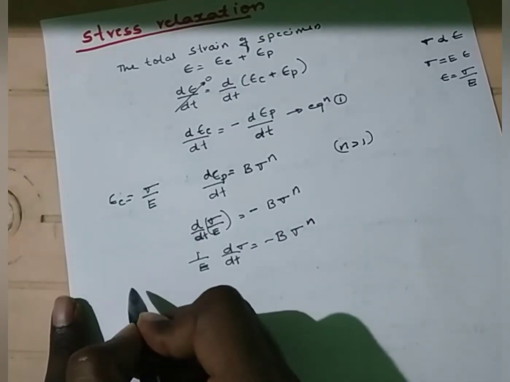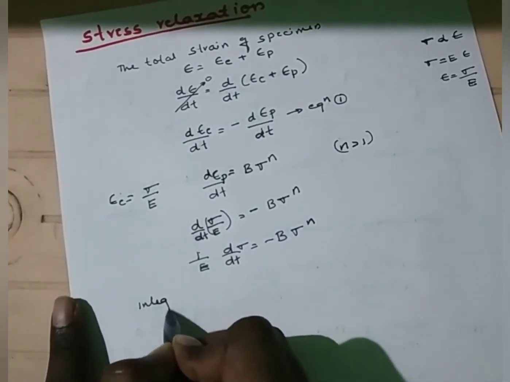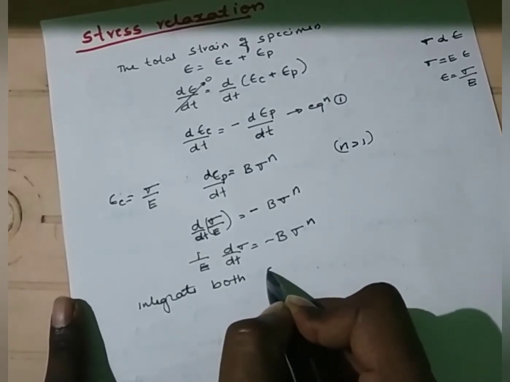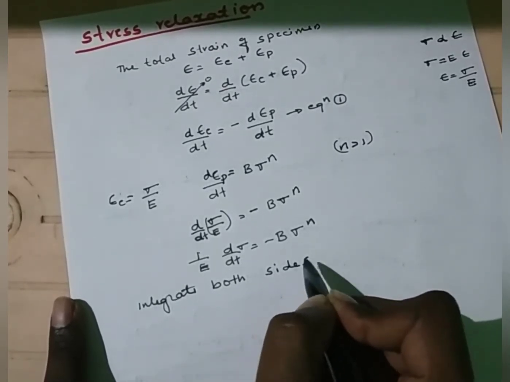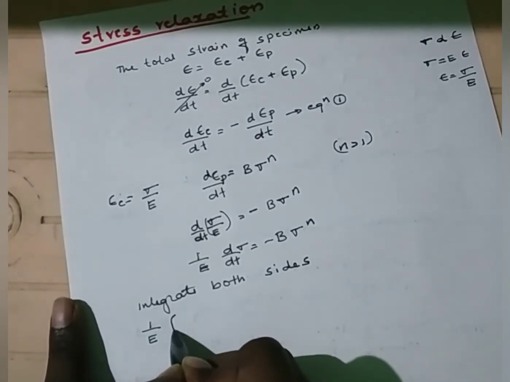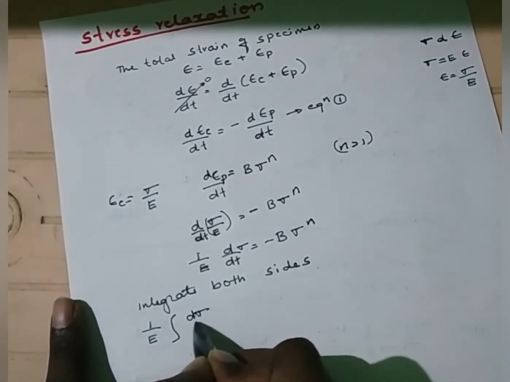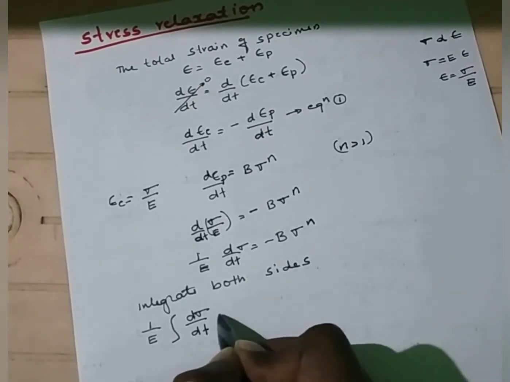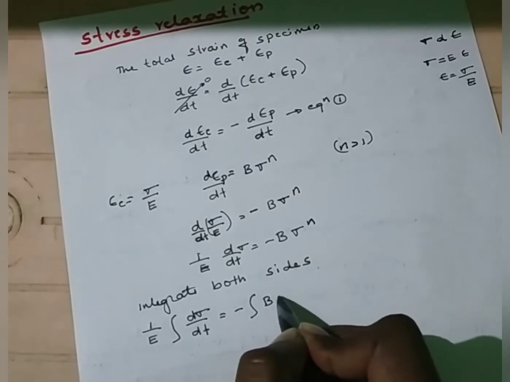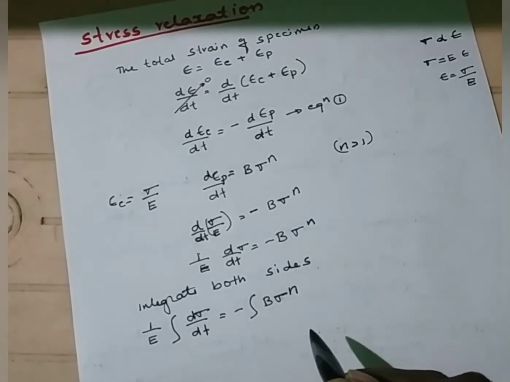Now integrate both sides. You'll get 1 by E integration of d sigma by dt is equal to minus integration of B into sigma power n.